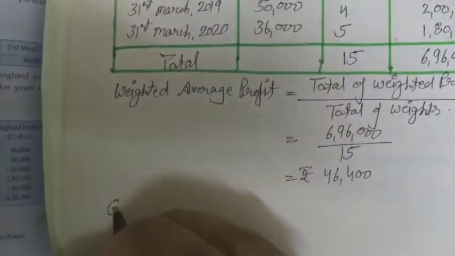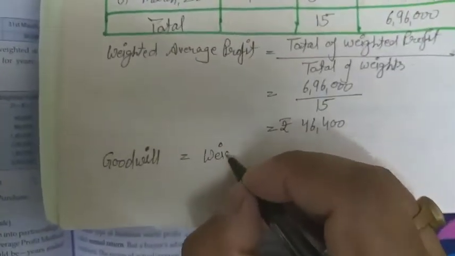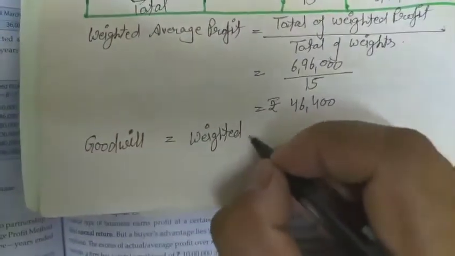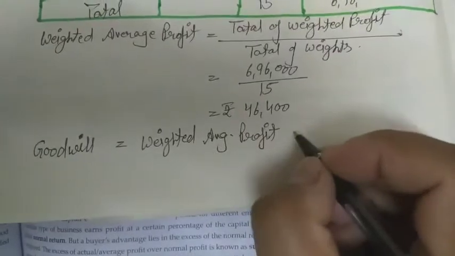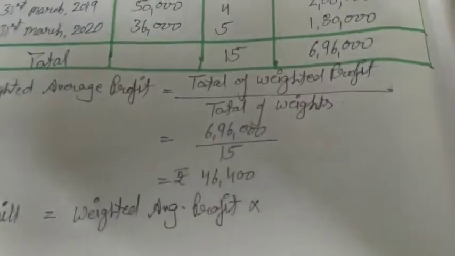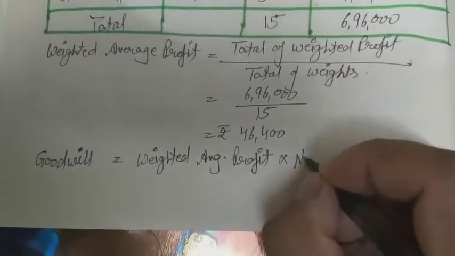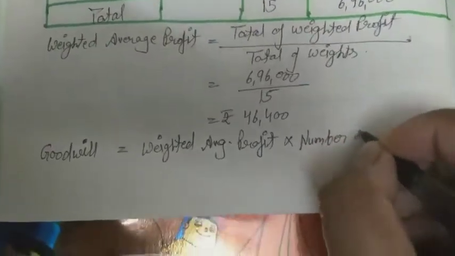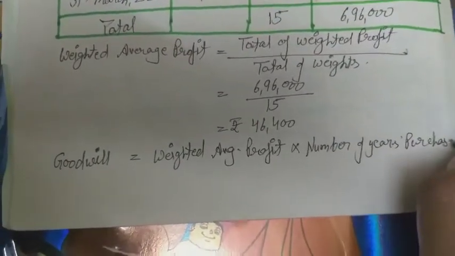Now goodwill of the firm. So goodwill is equal to weighted average profit multiply number of years purchase.